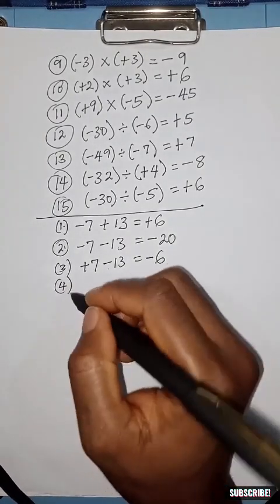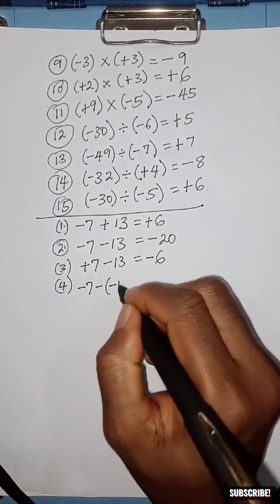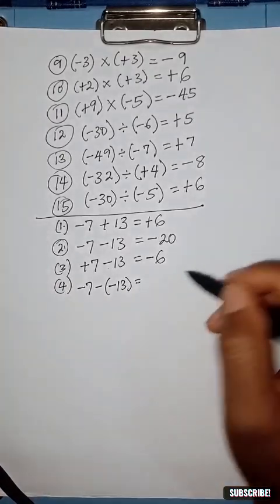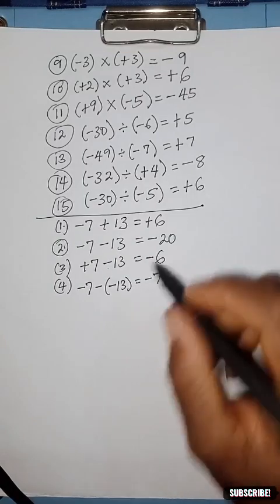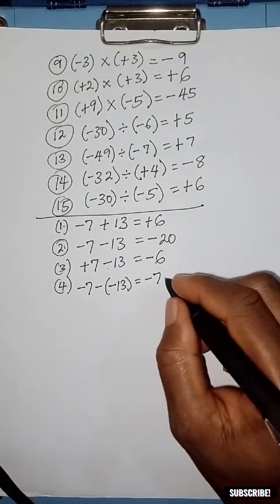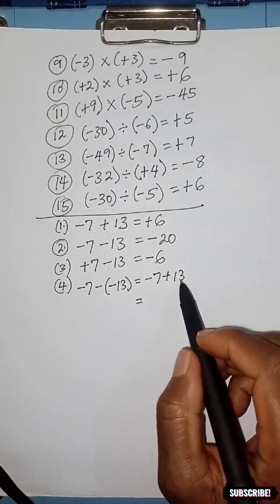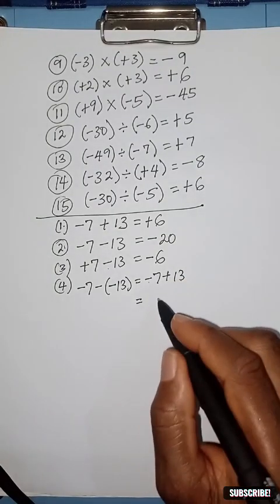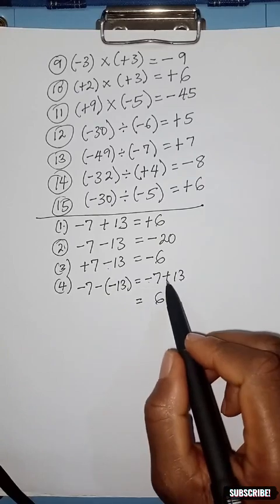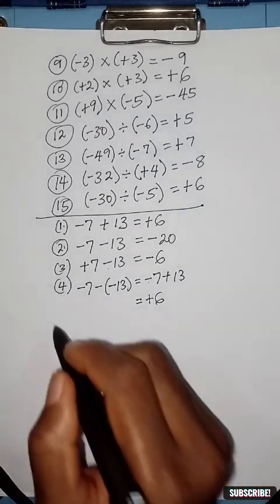Number 4, minus 7 minus 13. This is minus 7 minus bracket means times, so minus times minus is plus 13. And this is the same thing as 13 minus 7, that's 6. The sign of the bigger number is plus, and so here will be plus 6.